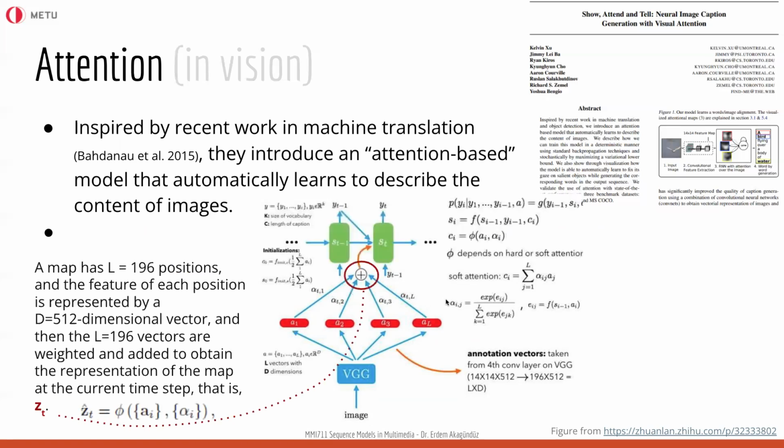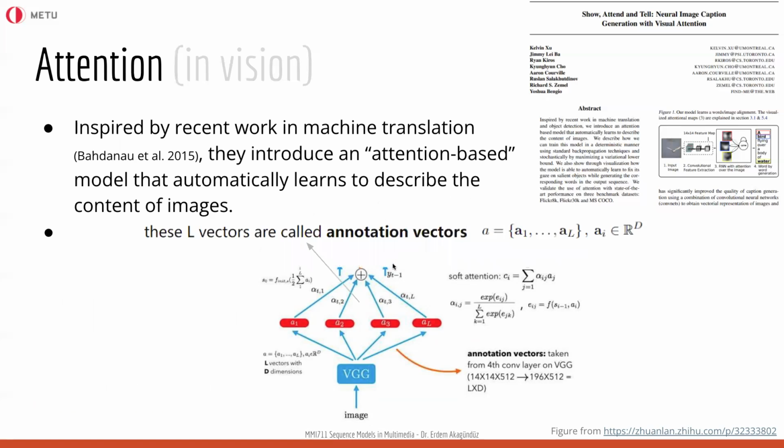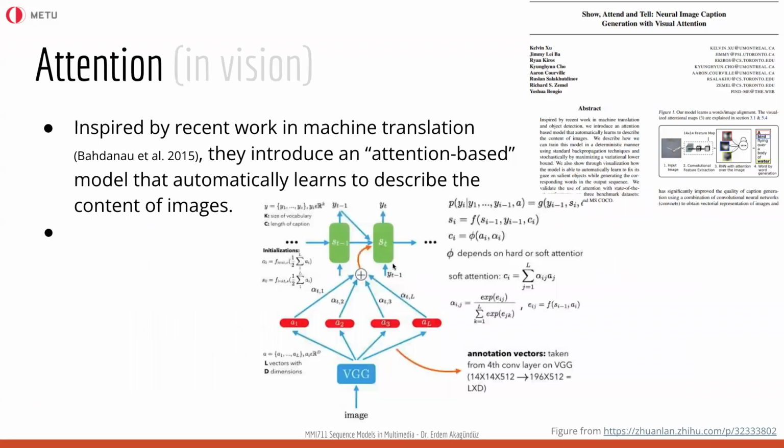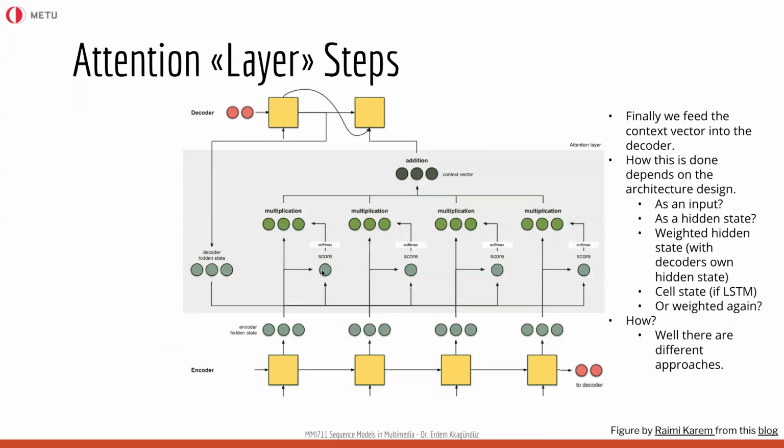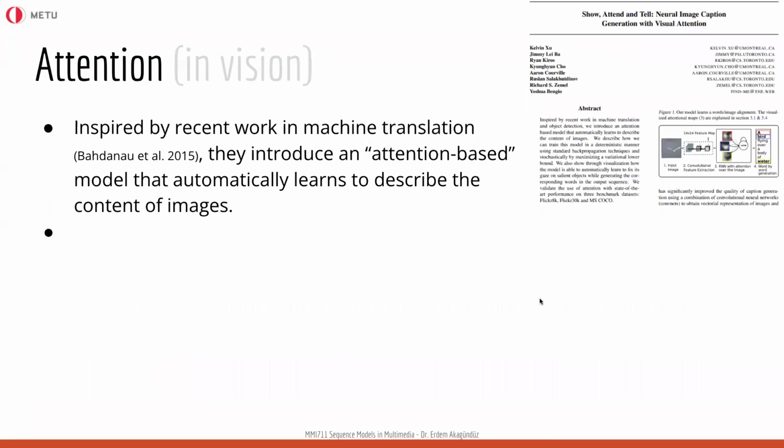What was S? Do you remember what was S? The decoder hidden state. Remember in the previous hour, let me get back to those slides. The weights were calculated as a function of, it was the dot product, of the decoder hidden state and the encoder hidden state. It is the same, guys.